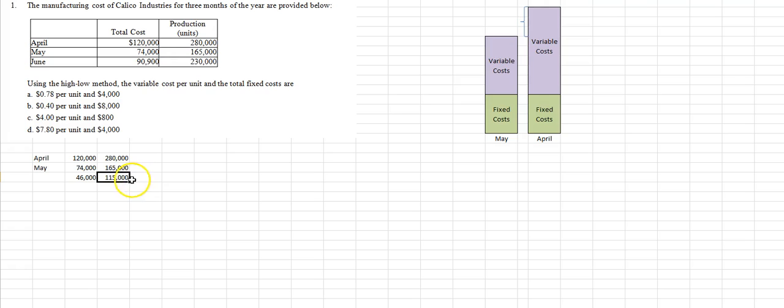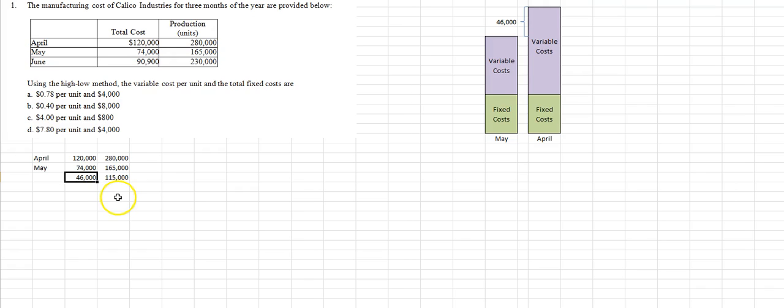So an extra 115,000 units cause an increment of $46,000 in extra expenses. And we know all that is related to variable cost, because the fixed cost is fixed. It's going to be there even if you have 0 units produced.